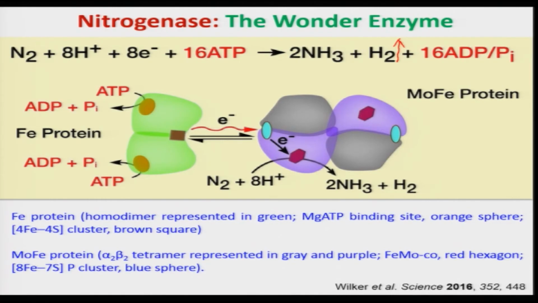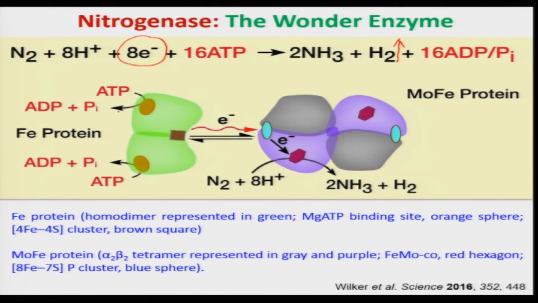So, this process requires a large number of electrons, here 8 electrons, and also a huge amount of energy which is provided by the ATP. As one can see, this is the iron protein unit which is represented in green, and this ATP binding site is shown here.